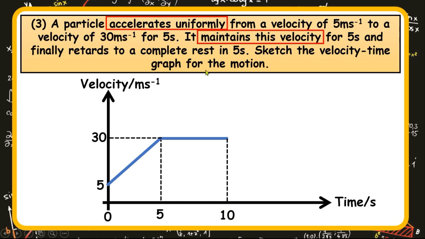At this point, it continues to say it retards to a complete rest. So from this end, the car retarded, it decelerated, it came to rest at 0. That is a graph called deceleration. The deceleration continues from here like that. That also took 5 seconds, meaning the time will now be 15 seconds.